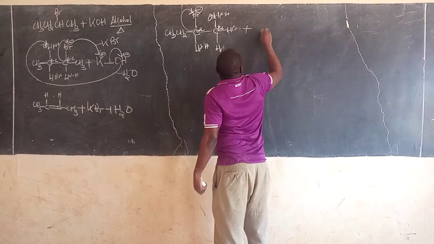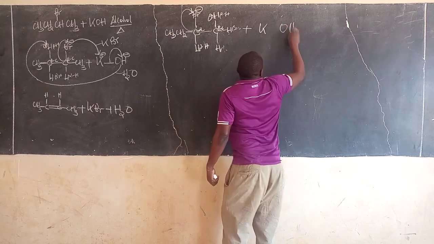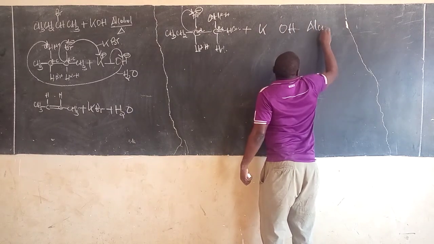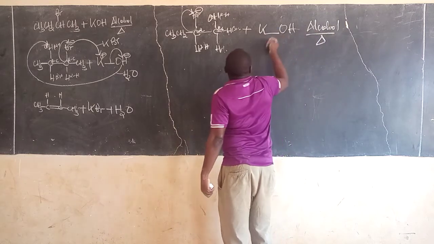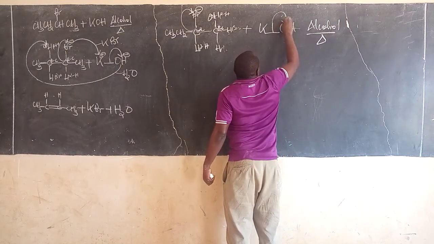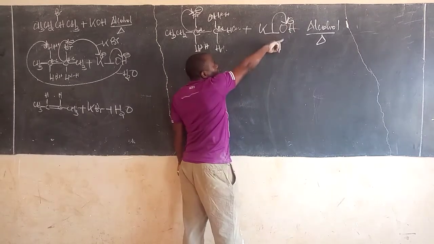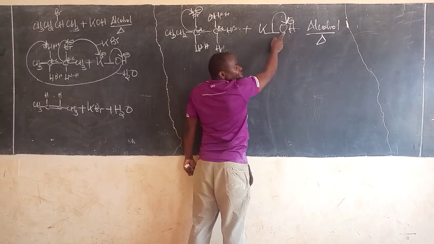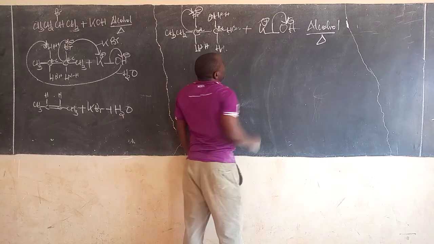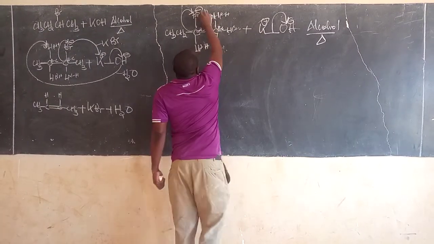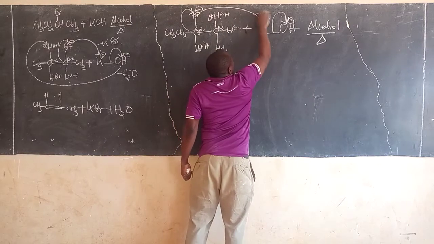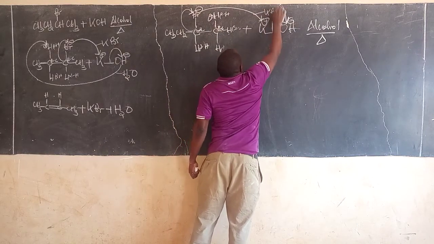And again here we add potassium hydroxide and alcohol. Heated alcohol. Again we bring heterolytic cleavage, where OH will take the bond electron pair and attain a negative charge as a nucleophile. Here potassium will attain a positive charge. So eventually this bromide ion will combine with potassium to form potassium bromide.